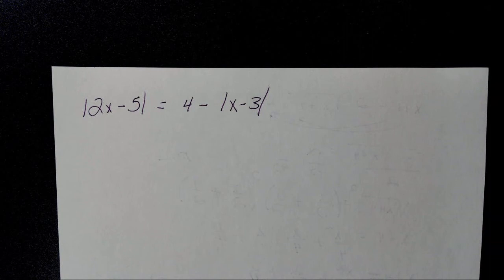Do I have to worry about extraneous? No. All right, so quadratic we set equal to 0. Square root, we get the square root by itself. What do we need to do for absolute value? You want to get the absolute value by itself. So which absolute value? There's 2.